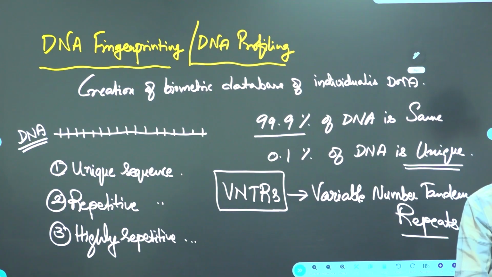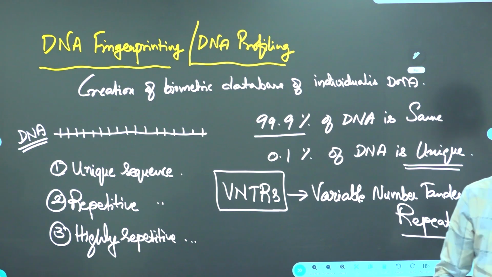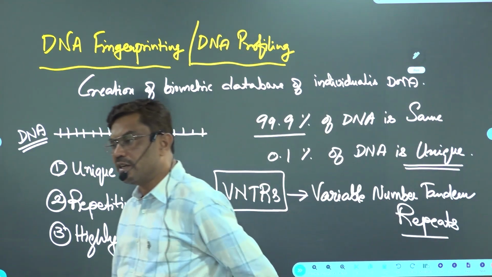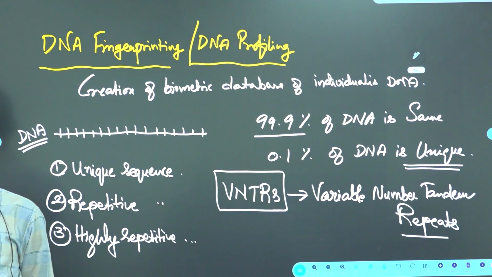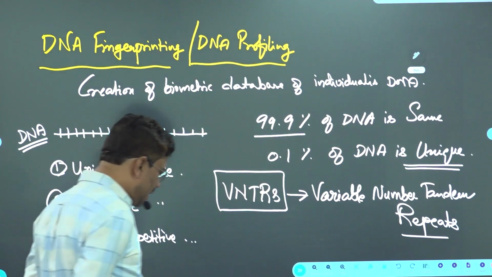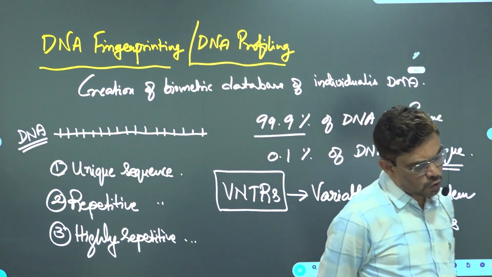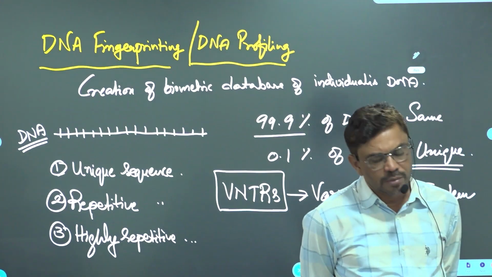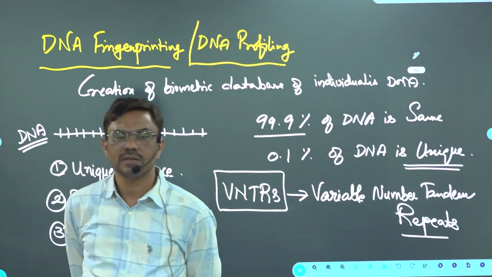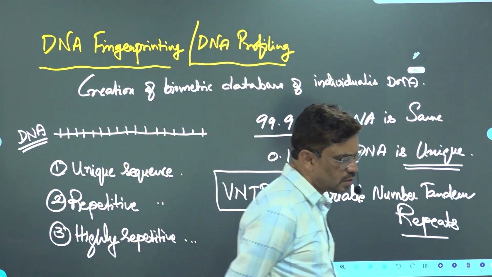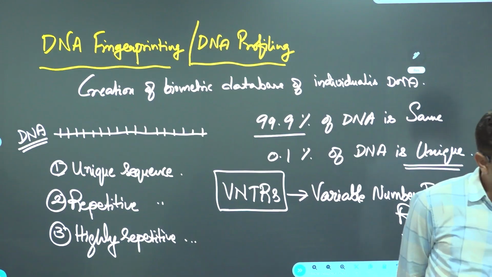Applications of DNA fingerprinting. DNA fingerprinting is a laboratory technique used to establish a link between biological evidence and a suspect in a criminal investigation.